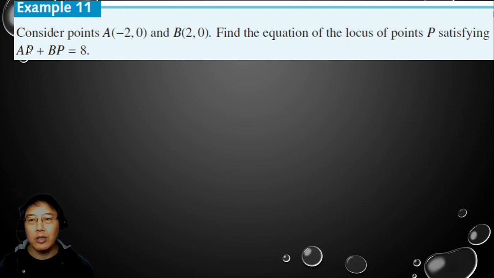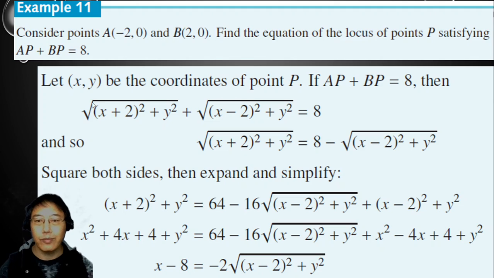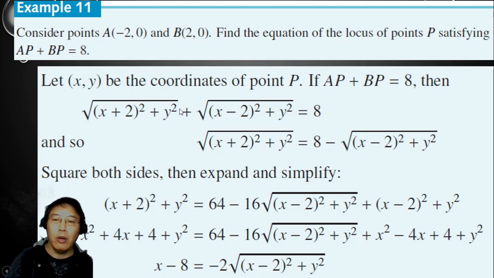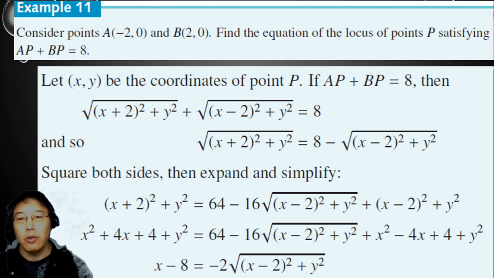So you need to express the distances AP and BP, knowing you have all the coordinates. The coordinates of P are going to be variables x and y. So we express the distance between two points, and you have two square roots, and what we need to do is get rid of the square roots.